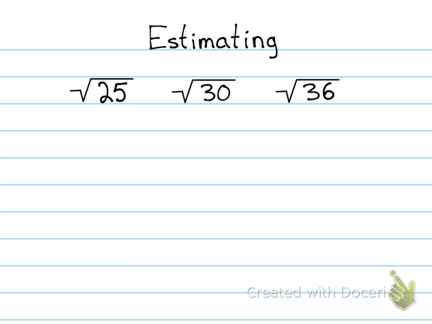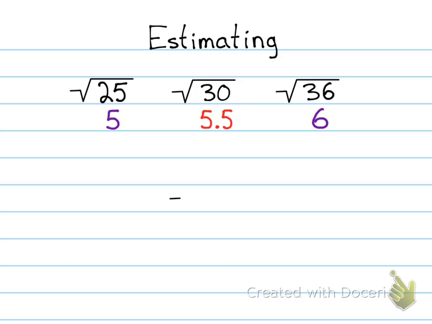These are the two perfect squares that surround the square root of 30. And I know that the square root of 25 is 5, and that the square root of 36 is 6. Well, the square root of 30 is somewhere right in the middle there. So if I was estimating, I would say that the square root of 30 is approximately 5.5.